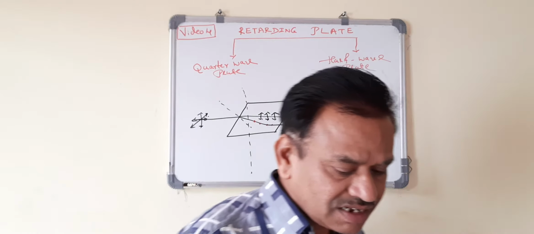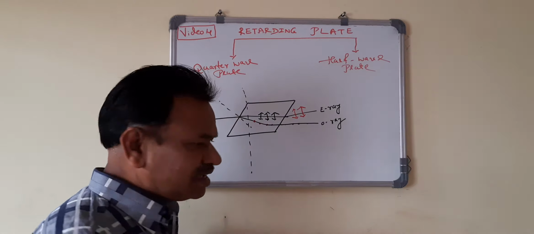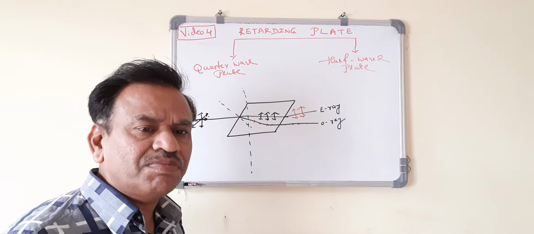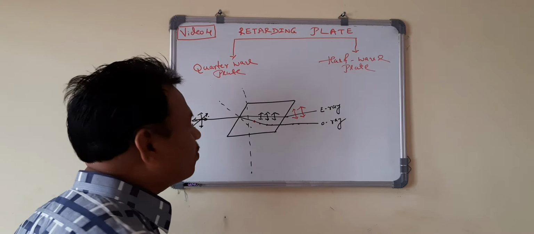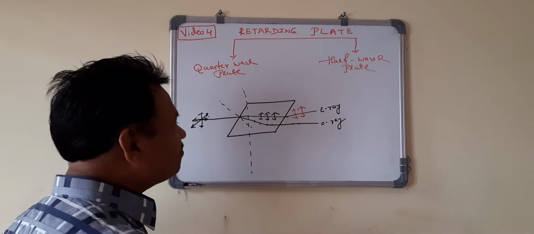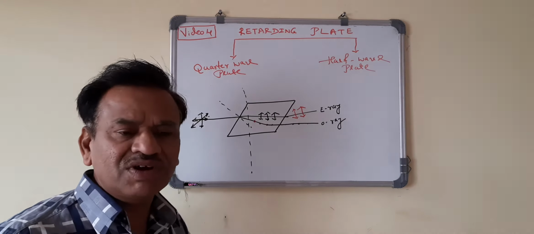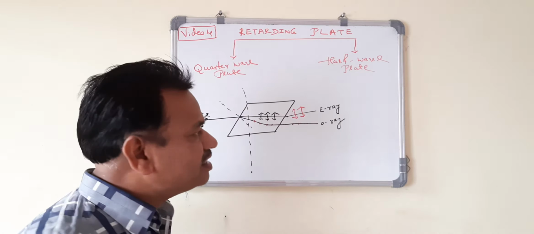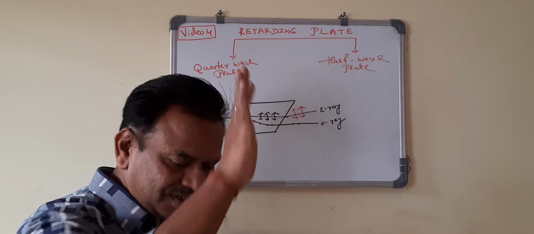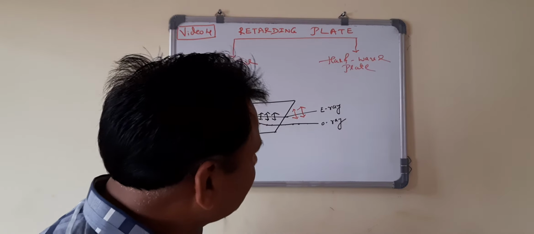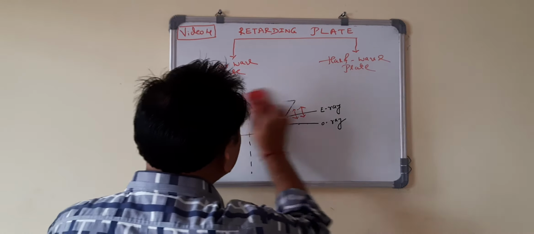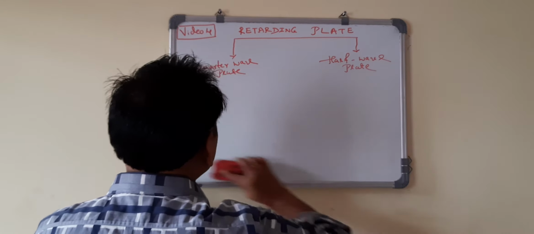What is a retarding plate? A plate which produces a path difference between the E ray and O ray. How does it produce it? The speed of one ray is more and the speed of the other ray is less. That is nothing but retardation.